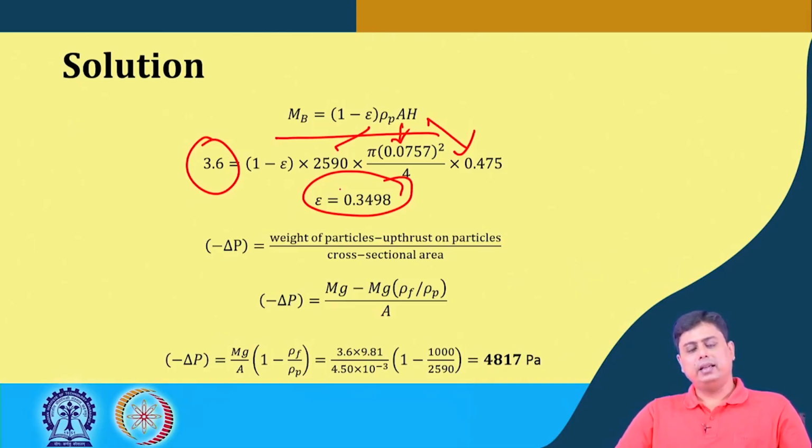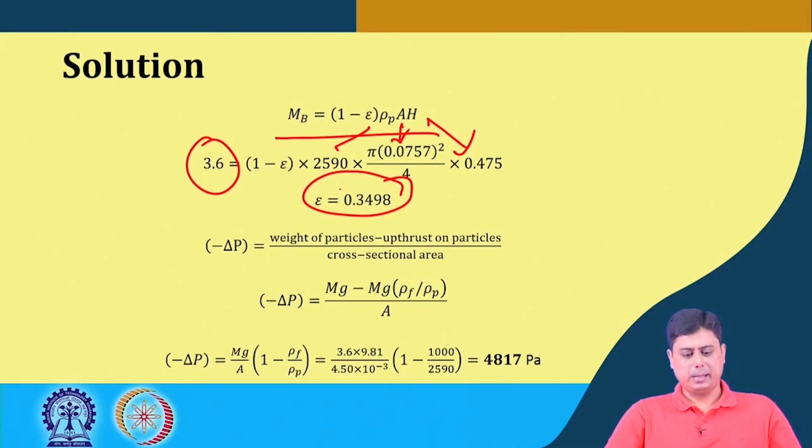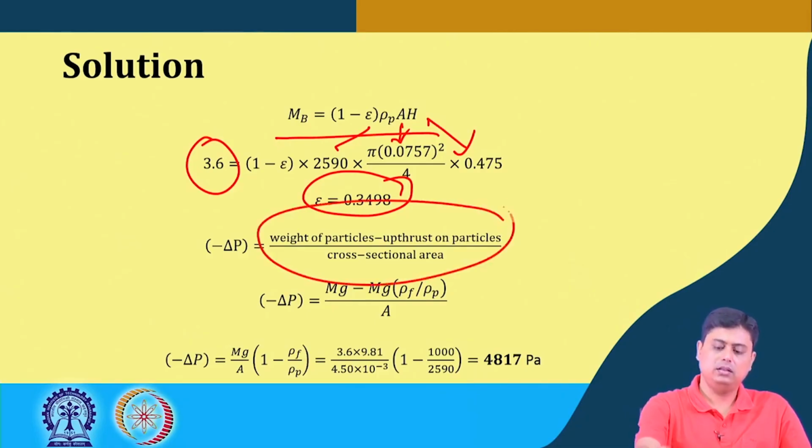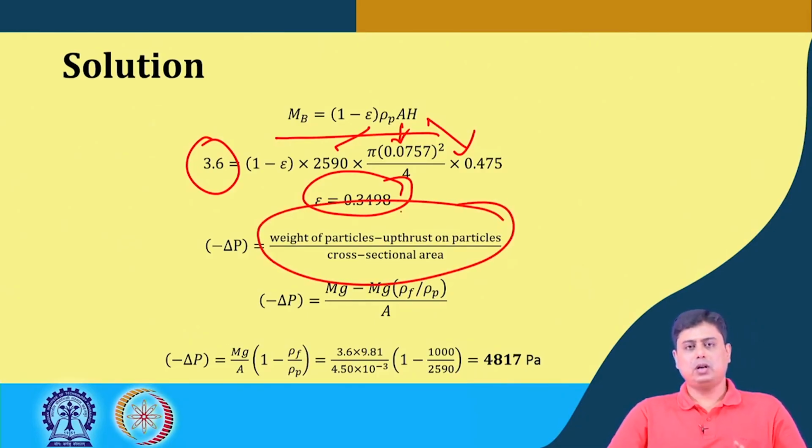Now, at the incipient fluidization, what happens? This we have repeatedly mentioned: the weight of particles minus the upthrust on the particles is the force that is balanced by the frictional drag, which is the pressure drop multiplied by the cross sectional area.